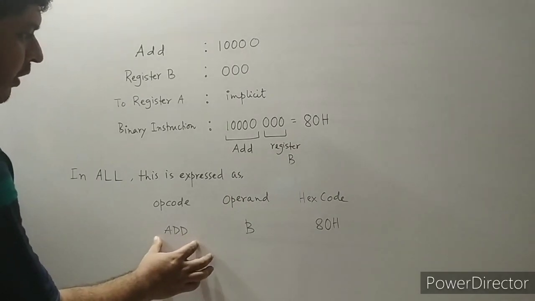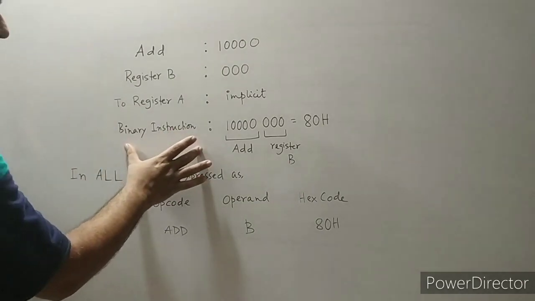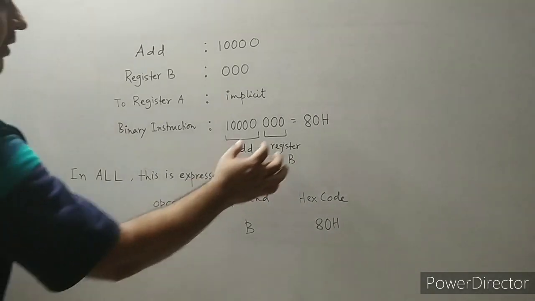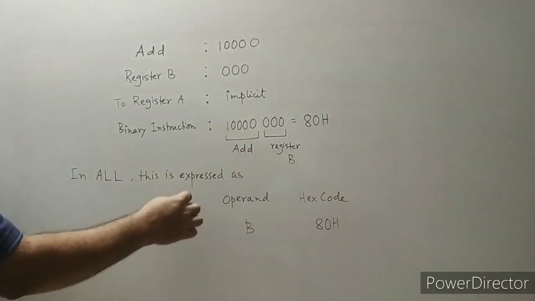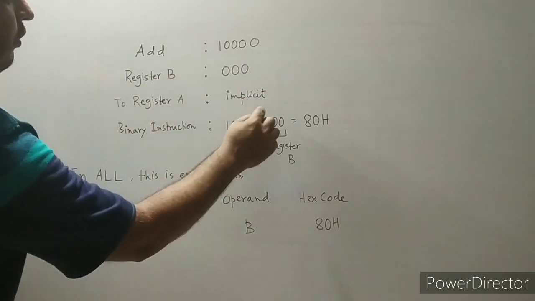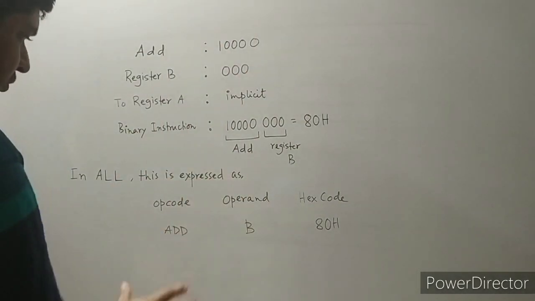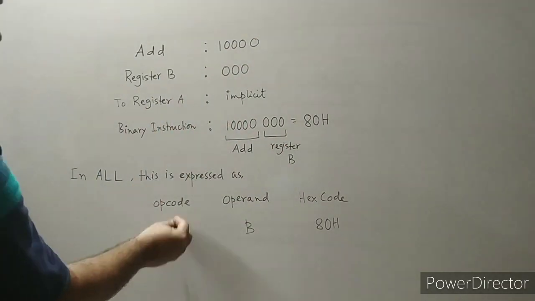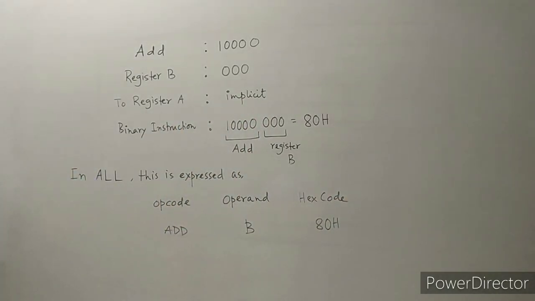So the operation is to add with ADD B. The binary instruction is: the first 5 bits are for add, the last 3 are for register B. Overall it becomes 10000000, that is 80H. So in assembly language we can express this code as ADD B, where ADD is our opcode, B is our operand, and the corresponding hex code is 80H. Fine.